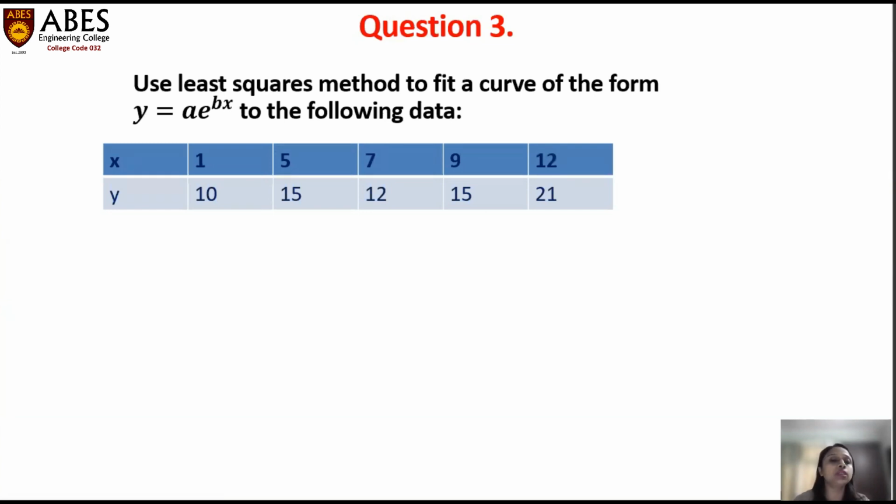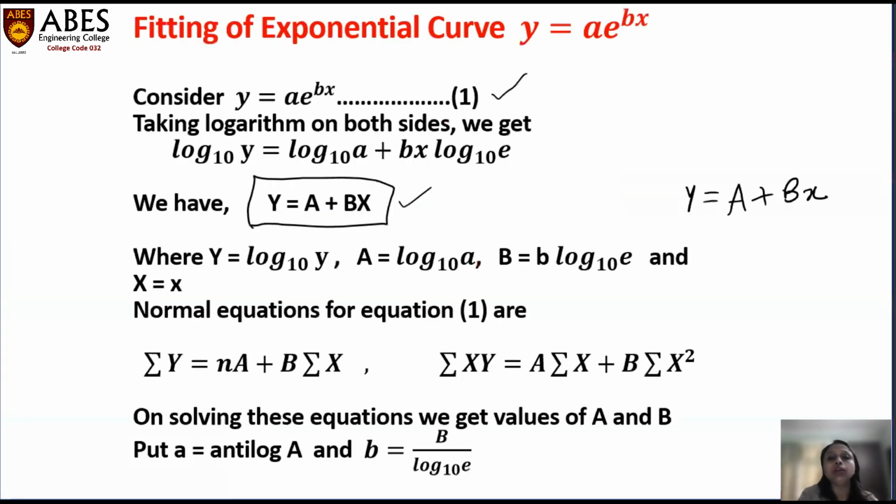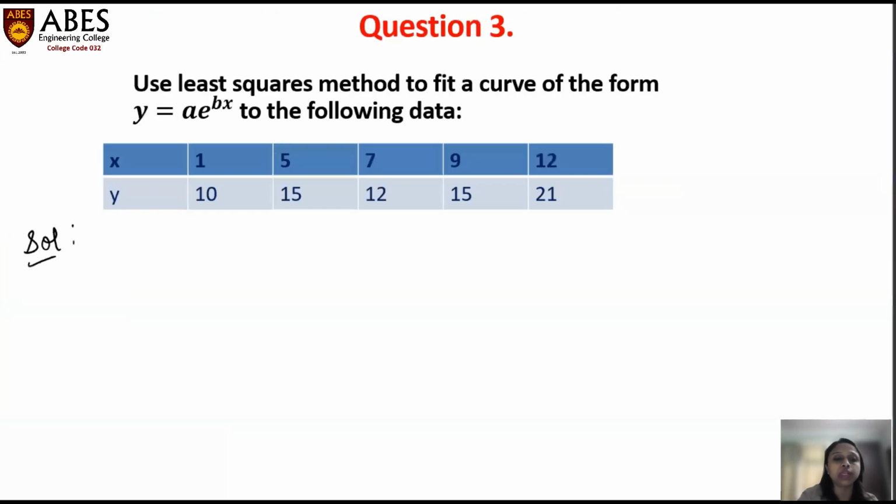As we have discussed in the previous slide, we can take log on both sides and we can represent it in the form of the equation of a straight line only. So I'm representing this curve y equal to a e to the power bx, and marking it as equation number 1.